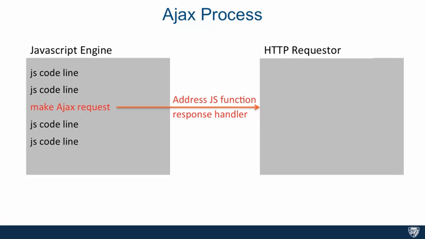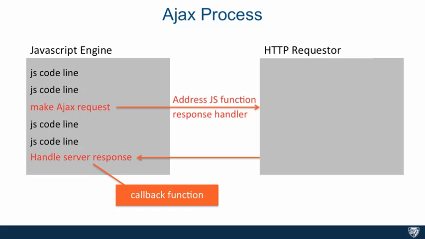At a certain point, it's executed all the code it can, and its execution stack is empty. If at that point the HTTP requester is done and has received its response from our server, it may at that point use that address of that JavaScript function that we gave it to start with and reach out back to the JavaScript engine and execute the handling of the response. And that's the callback function. That's the function that's going to handle the server response.